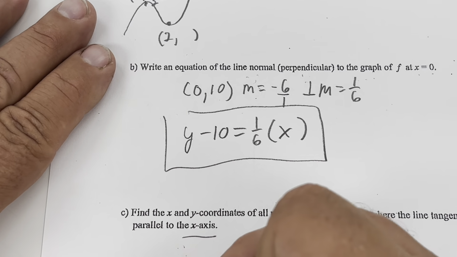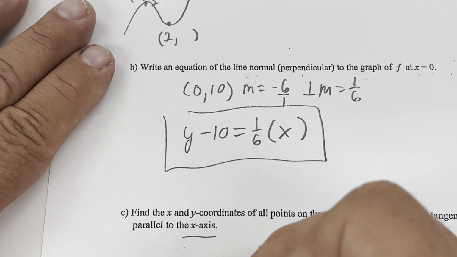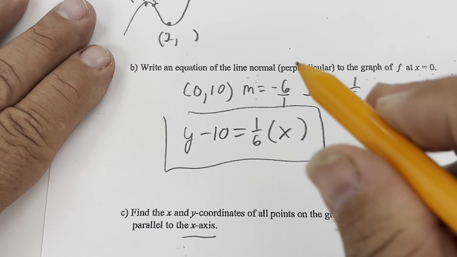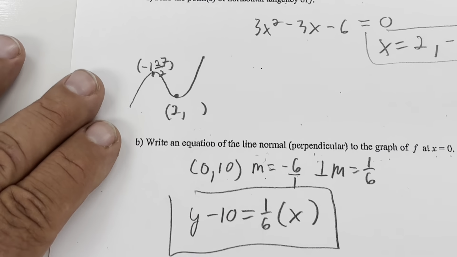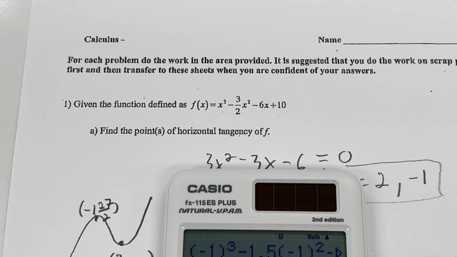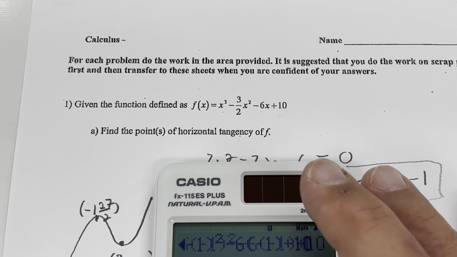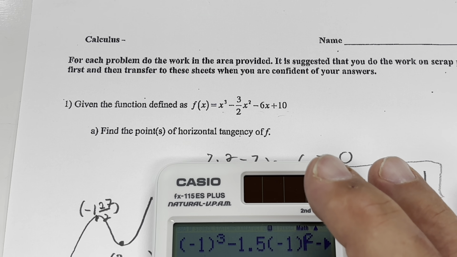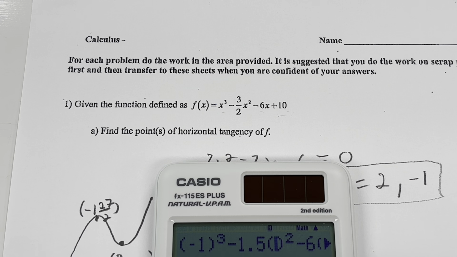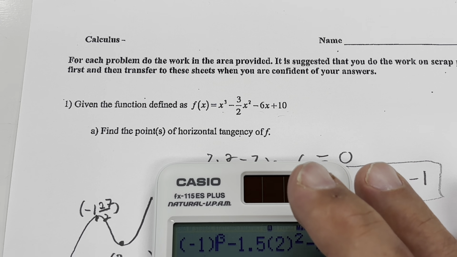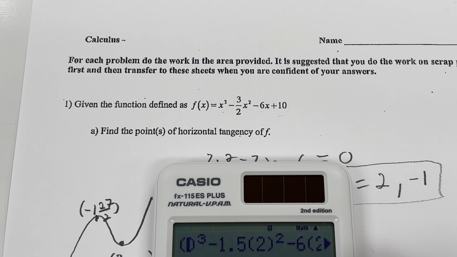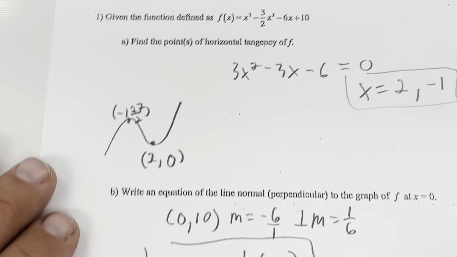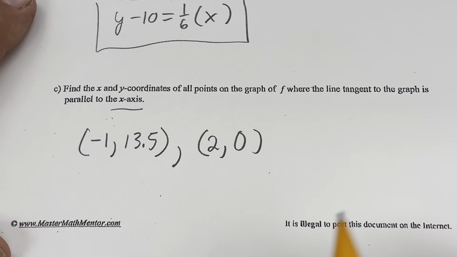So down here I have a coordinate of negative 1, comma 13.5. And the other one is going to be 2, comma, and we'll figure out what that is. I'm going to back arrow and plug in 2 now. And that's 0. So 2, 0. So there's your answers for that one.